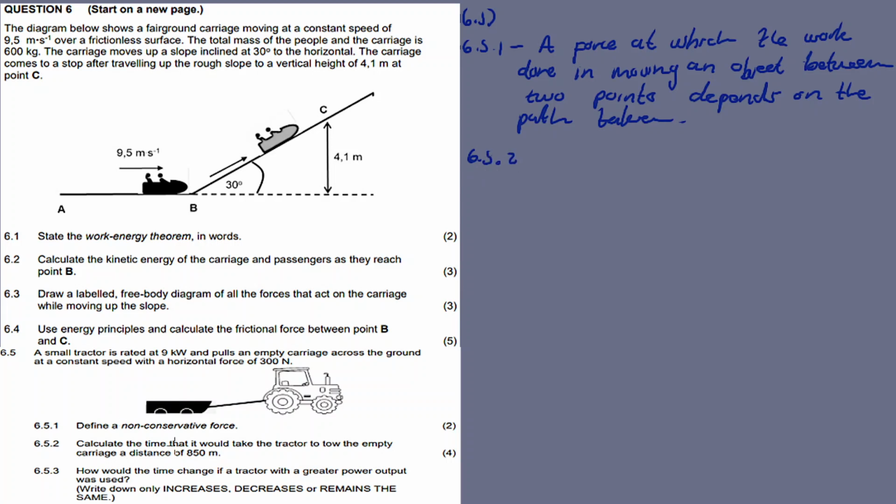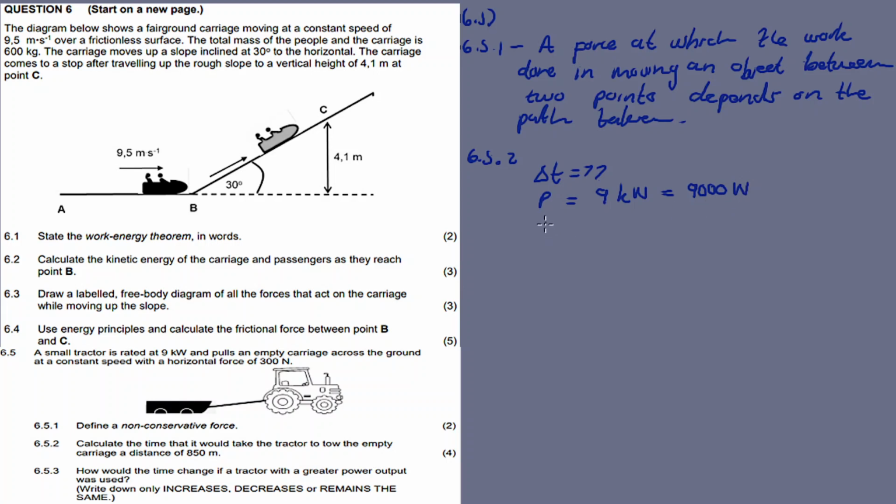6.5.2. Calculate the time it would take the tractor to tow the empty carriage over a distance of 850. Now we want the time taken. I'm also given a power of 9 kilowatts. We don't work with kilowatts in our calculation, so we multiply by 1,000, so it will be 9,000 watts. This is the power output.